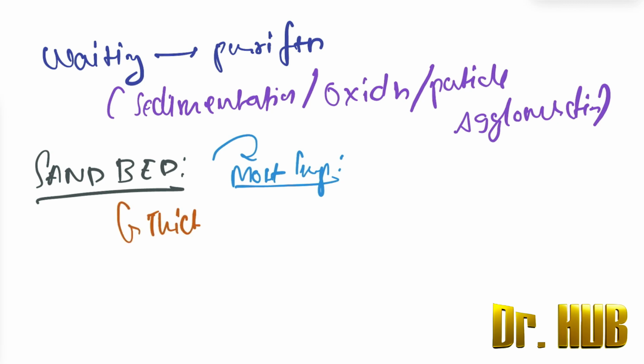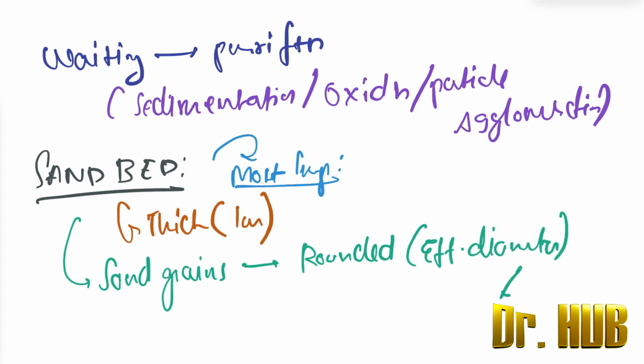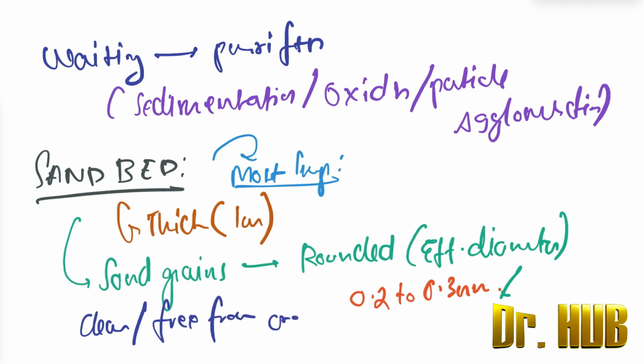The sand grains must be rounded and must have an effective diameter of about 0.2 to 0.3 mm. They must be clean and free from organic matter.